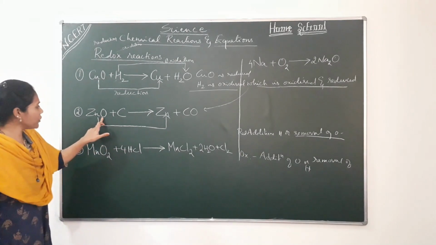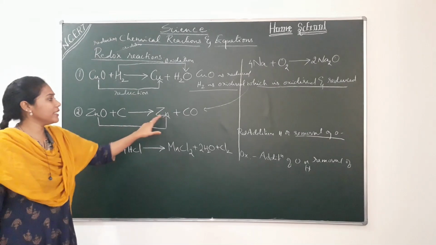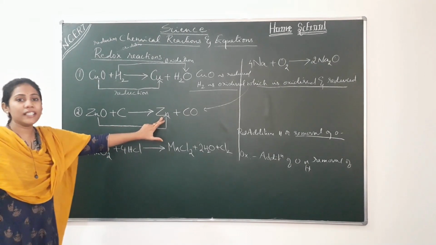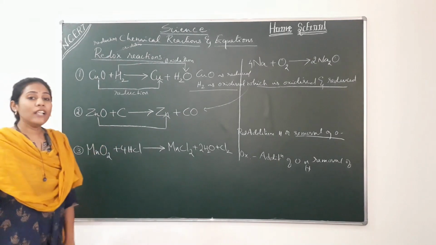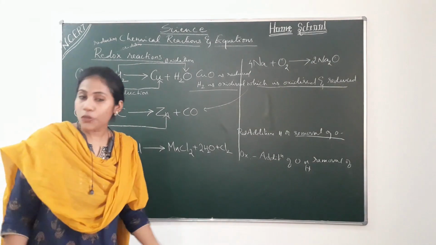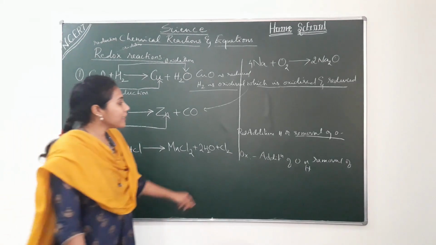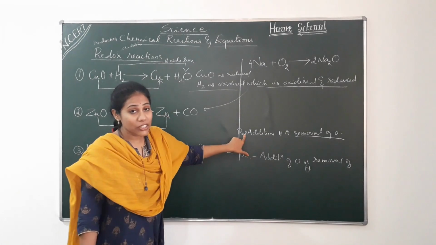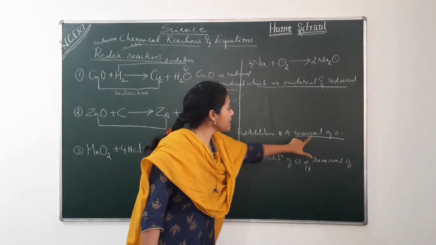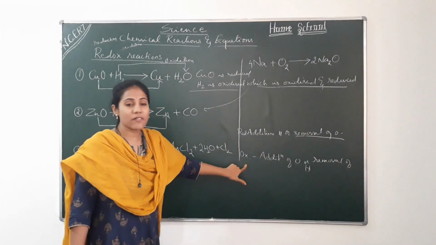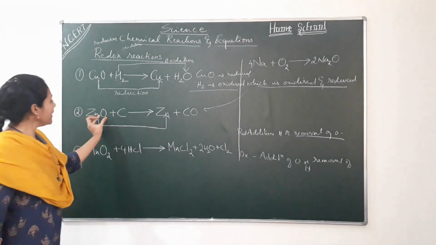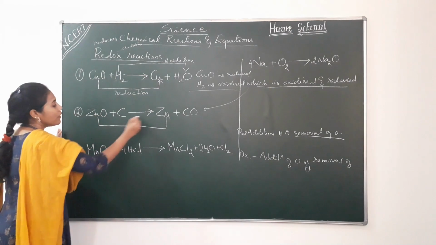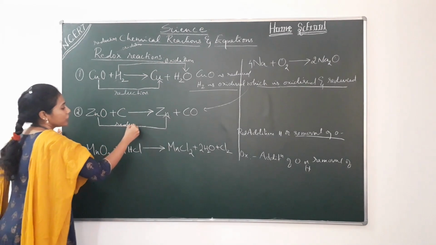Oxygen was there in the reactant, but in the product it is not there. You can observe only zinc here. That means removal of oxygen took place. Removal of oxygen is called reduction. You should remember both meanings, for reduction as well as oxidation.